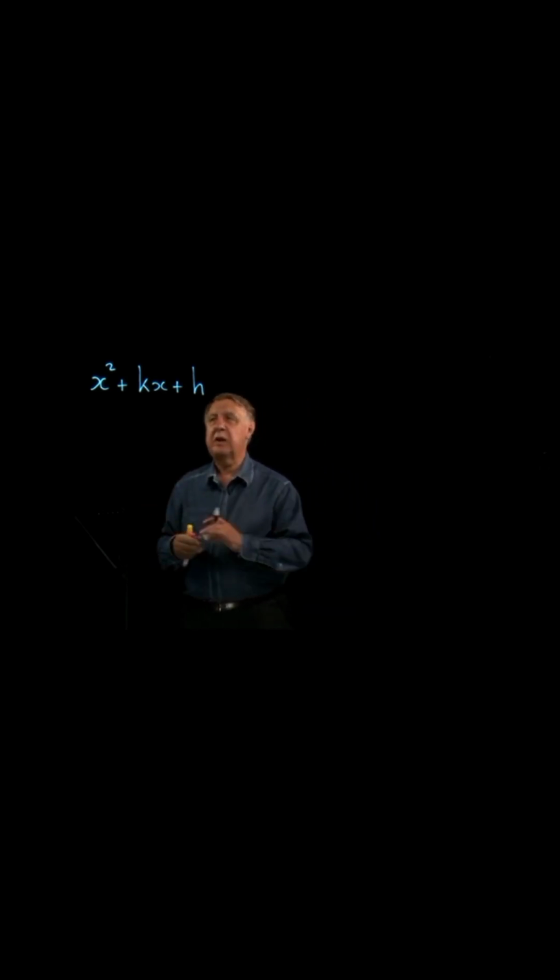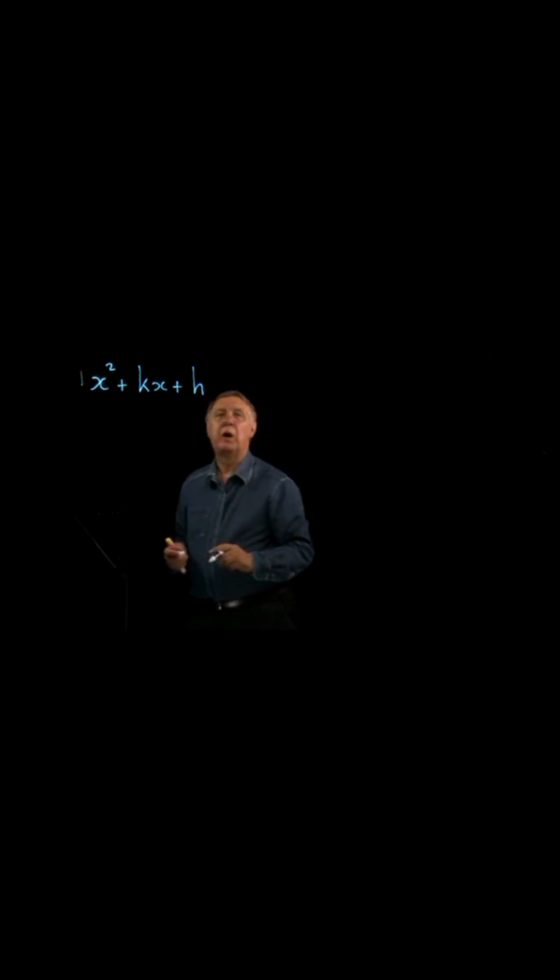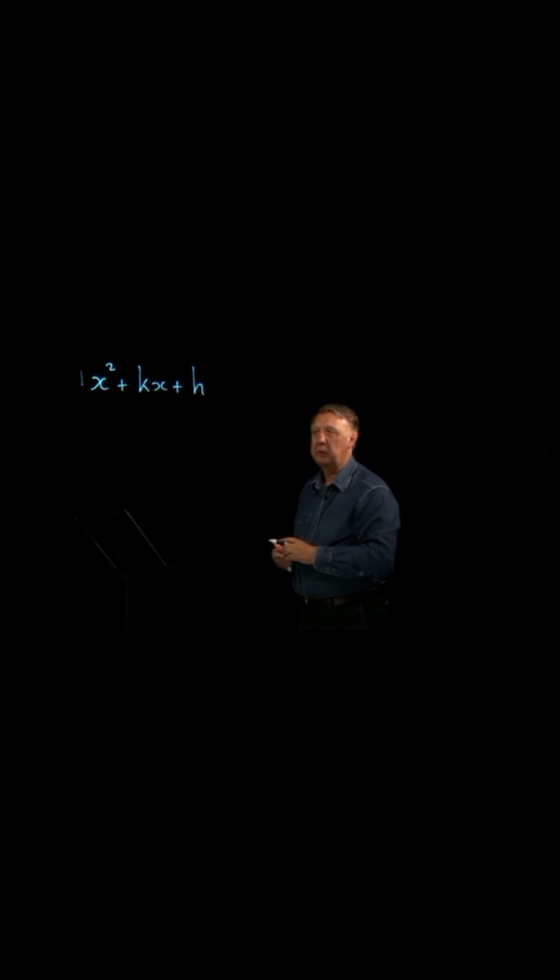So there's nothing special about it, just to make it a bit different. The crucial thing about this is that there's really a 1 in front of the x squared. And I'm going to develop a technique which is called completing the square.